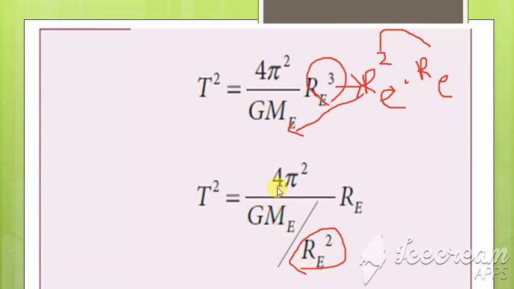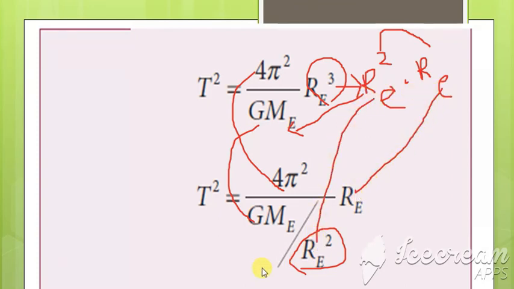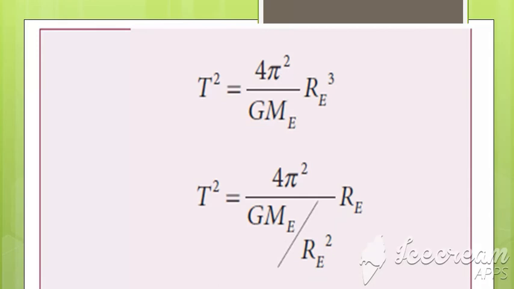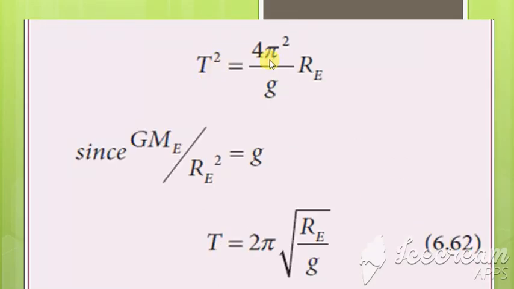Okay, so we get 4 pi square as it is, GME as it is, and RE alone as it is, and this RE square we bring to the denominator, so that this GM divided by RE square becomes what? Constant, that is G. Okay, and so T square is equal to 4 pi square divided by G into RE.